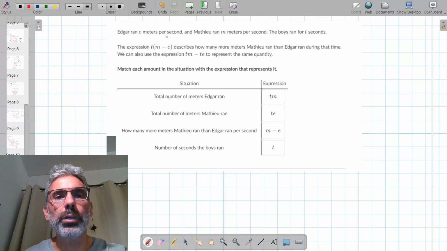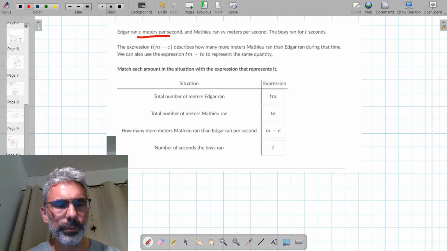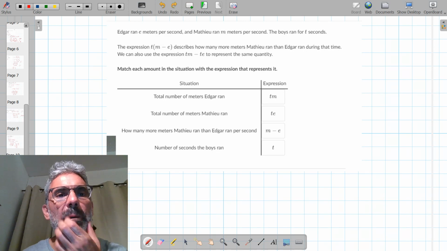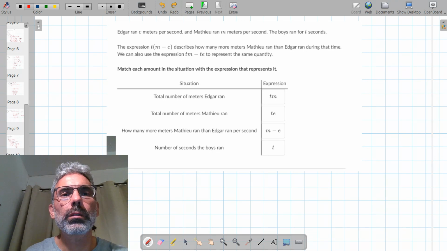Okay, the expression t times m minus e describes how many more meters Matthew ran than Edgar ran during that time.